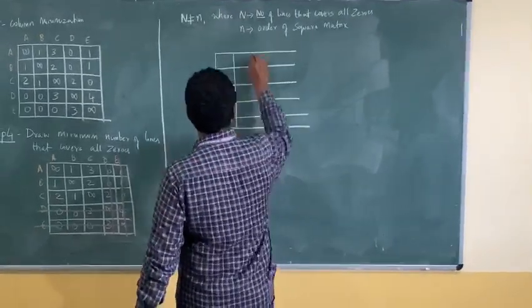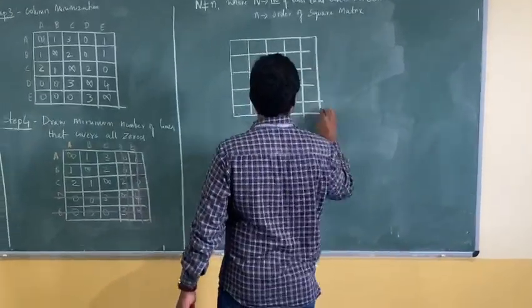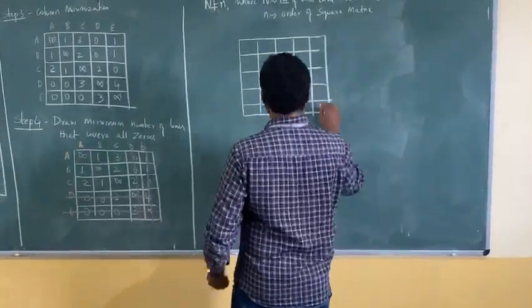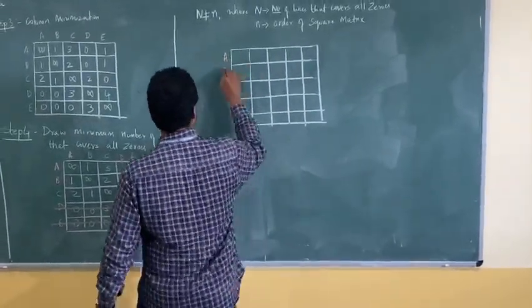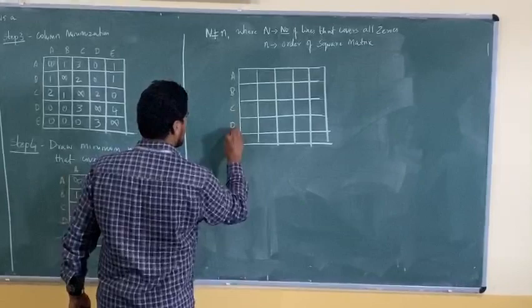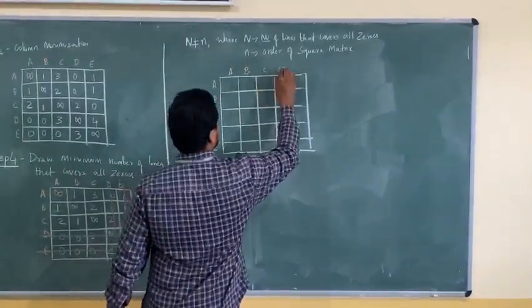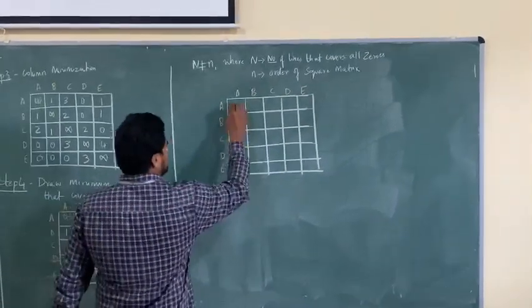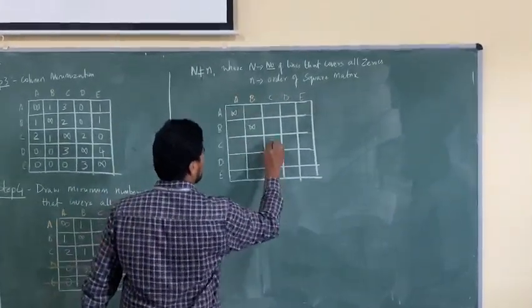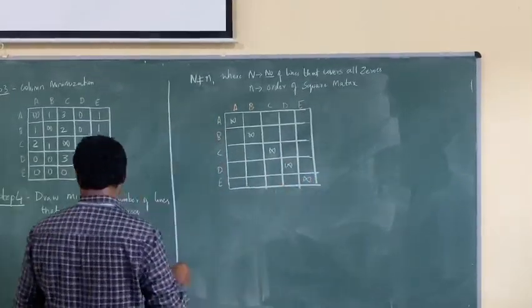Correct? So here it is A, B, C, D and E. Correct? So anyways, at intersection of infinity, if I add any number, it remains infinity as well.